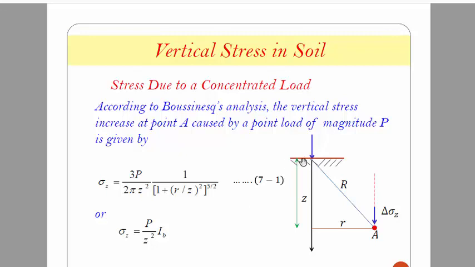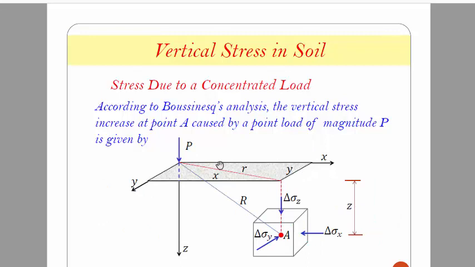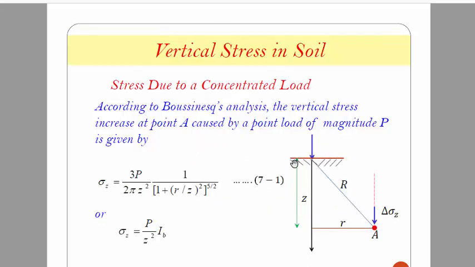So these are the stresses sigma y, sigma x, sigma z. Let us simplify this diagram. Kindly understand it. This is the ground, a load is applied, and at depth z is point A, where this is capital R and this is small r. According to the Boussinesq analysis, the vertical stress increase at point A caused by a point load P is given by the following.